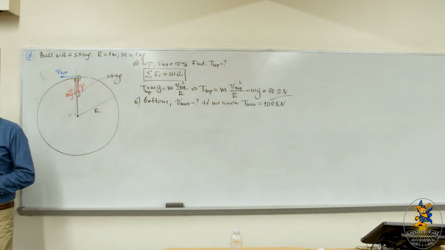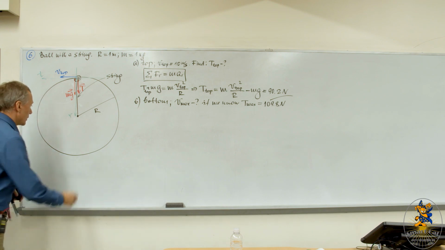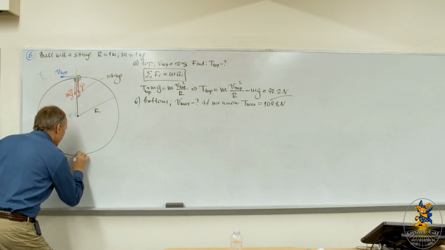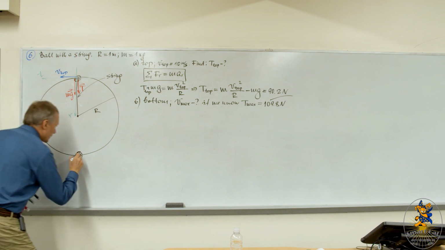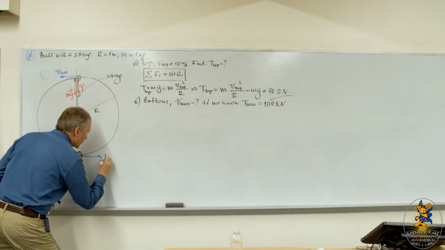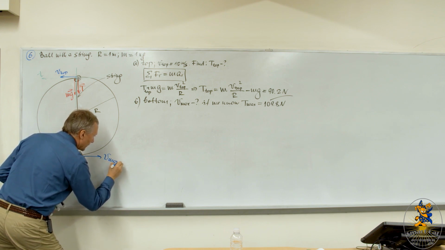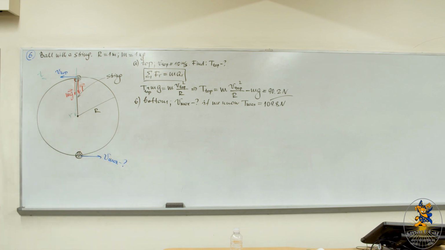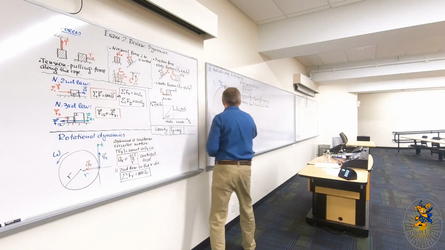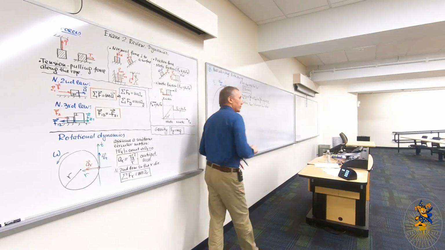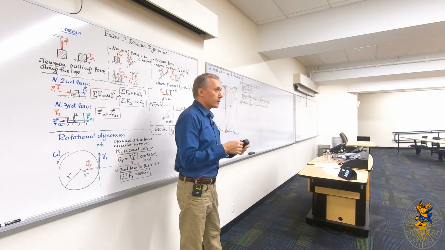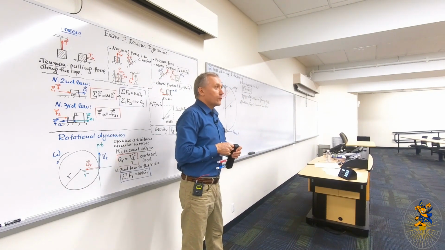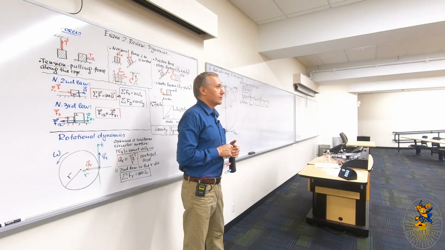So essentially, again, we just need to apply Newton's second law. First, identify forces. So this is the ball. It moves with this velocity, which we need to find, v max at the bottom. Of course, the cord or the string. And now forces. Gravitational force is still straight down.